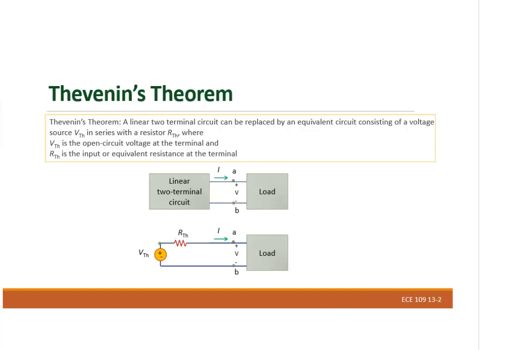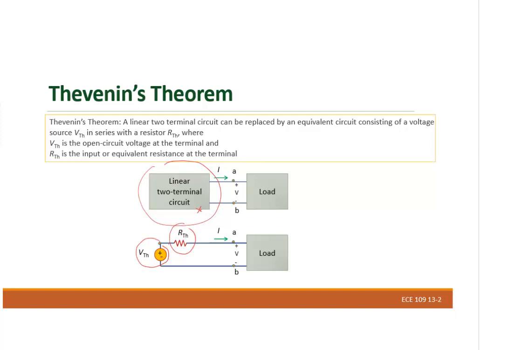If you have a two-terminal circuit like this here, we can replace it with one voltage source in series with one resistor.